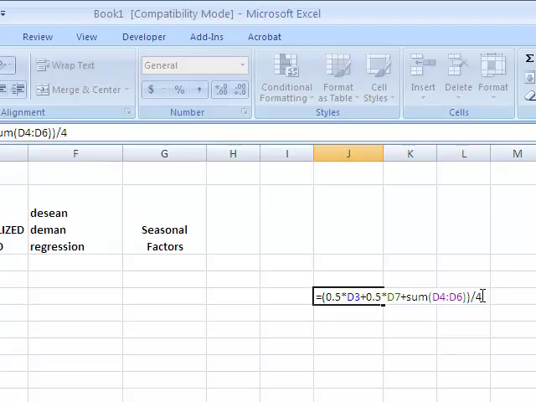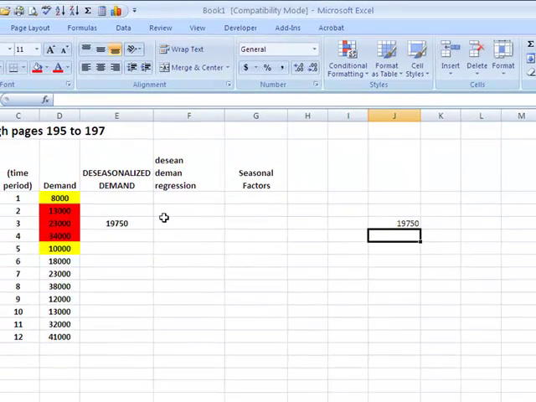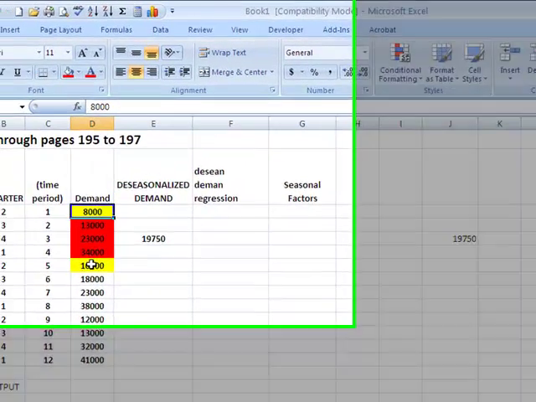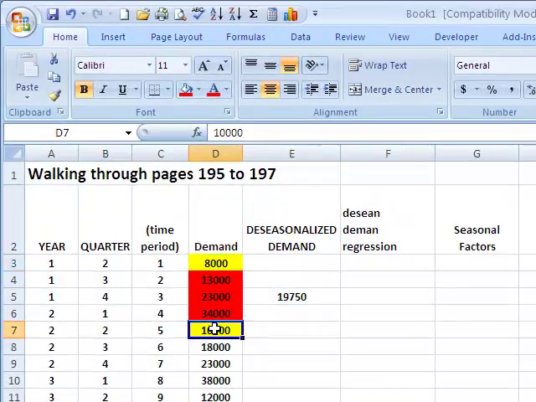And the yellow is given a weight of half. This is given a weight of half, so that's 1 altogether. Numbers in the red are given a weight of 1 each, so that's 3. 3 plus 1 is 4.